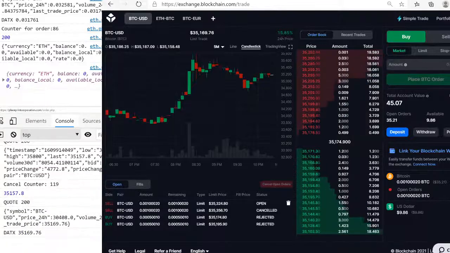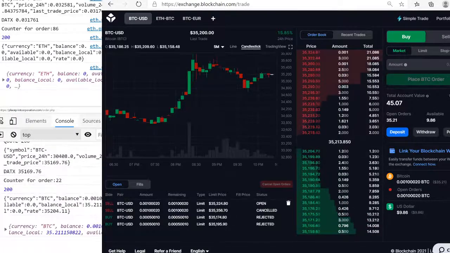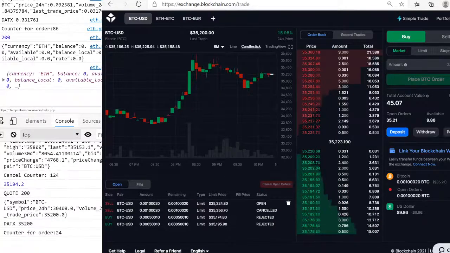Pretty tight market. 35,176 bid, offered at 78. Now moves up a bit. 86 bid, offered at 99. 85 bid, 99 offer. 199 offer. Bid moves up to 204. This is good. We're getting a bid.